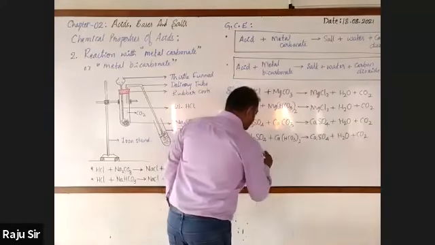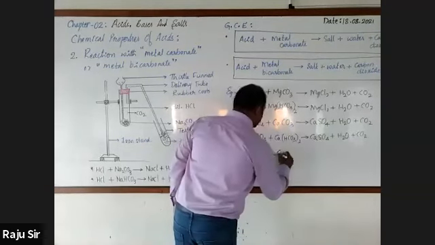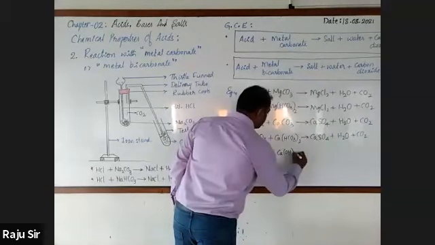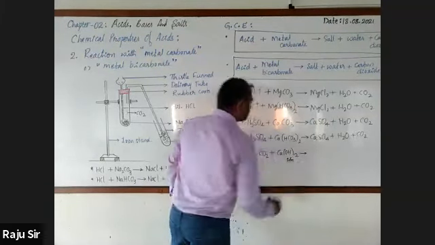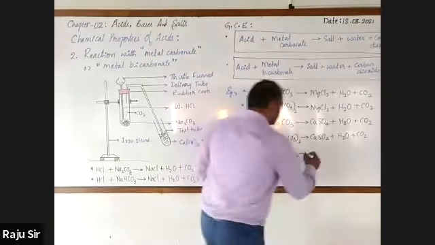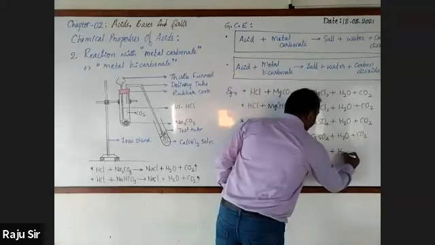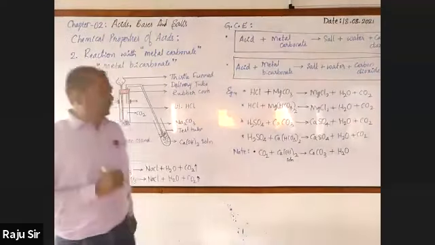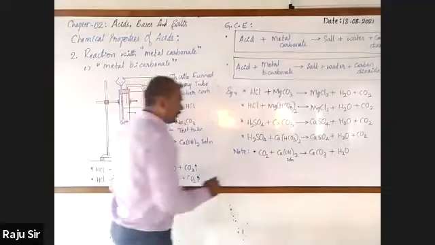Carbon dioxide passed into the calcium hydroxide solution produces the compound called calcium carbonate, CaCO3, plus H2O, right?